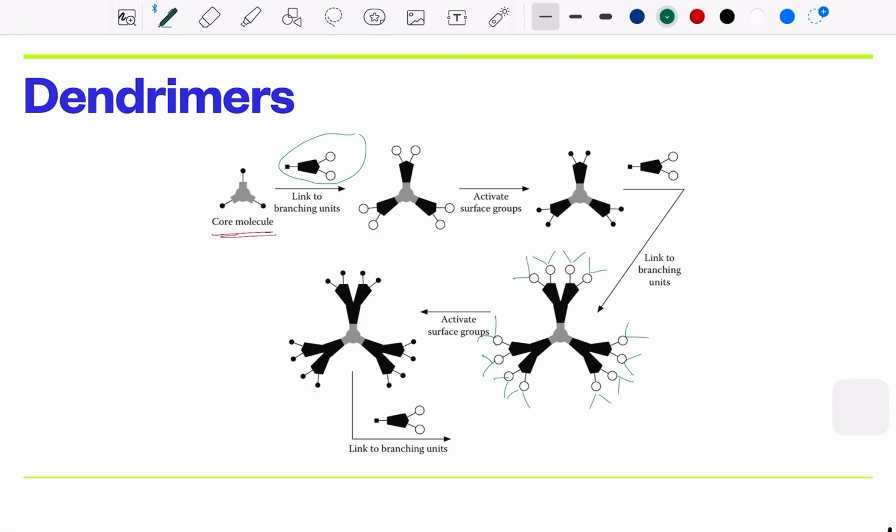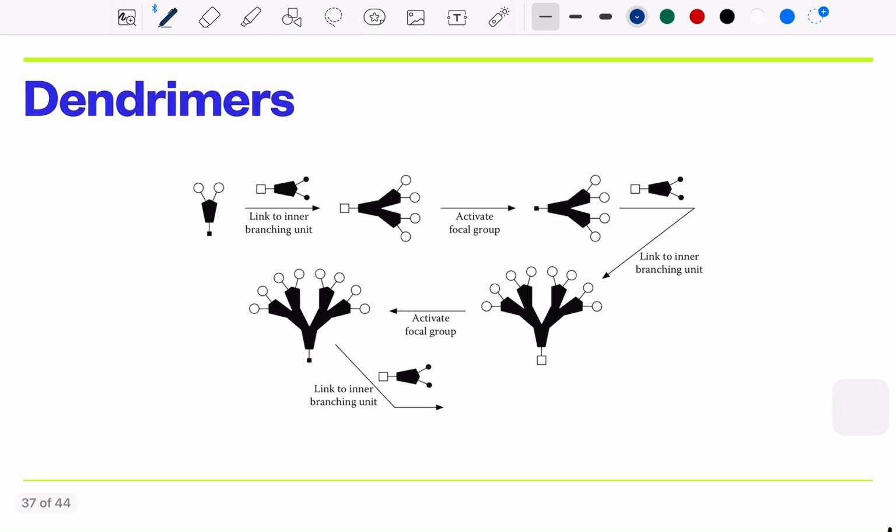And perhaps it will be like a ball like this. Or we can just take the core and branching units on just one side, okay? So it's like a tree, right? And of course, it is also going to end at certain points, like that. Okay?